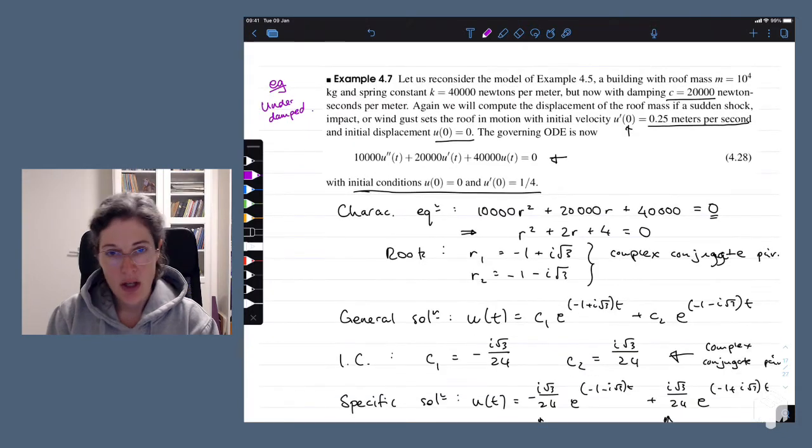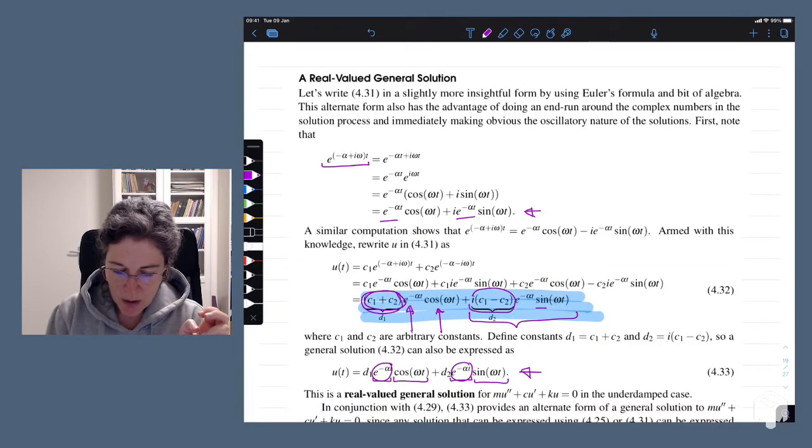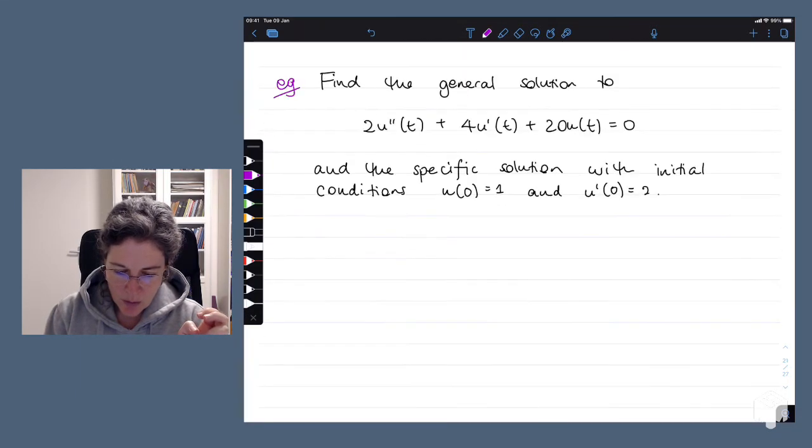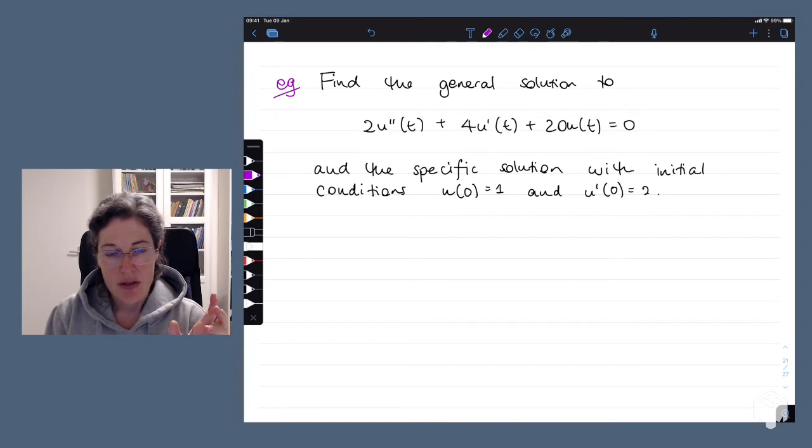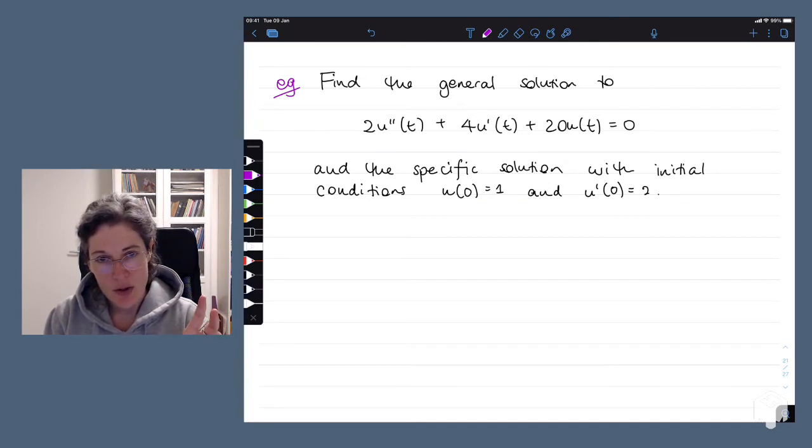Because so far, we've always had our R1 and our R2 different. But if you recall, we said that if you have that our two roots are equal, then we don't have linearly independent solutions. And we needed two linearly independent solutions to make our general solution. So we still need to deal with what happens when our roots are equal.